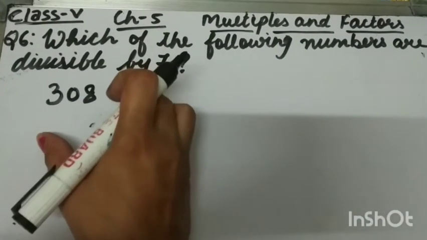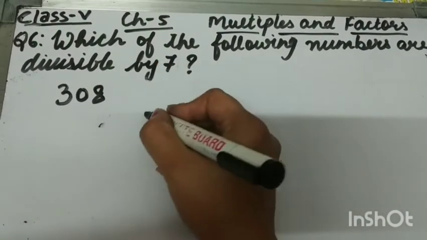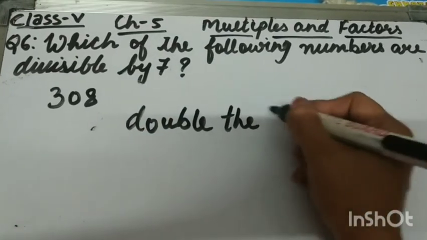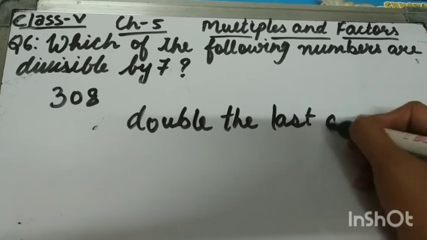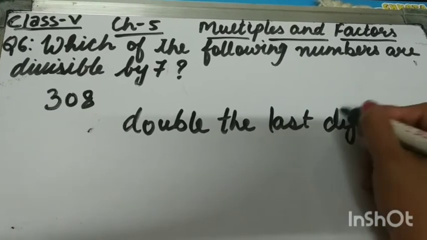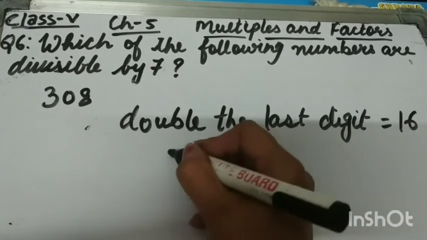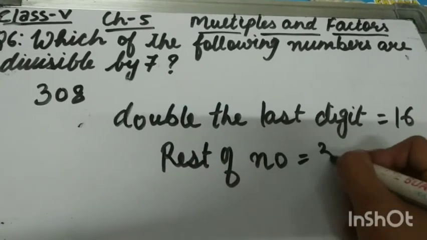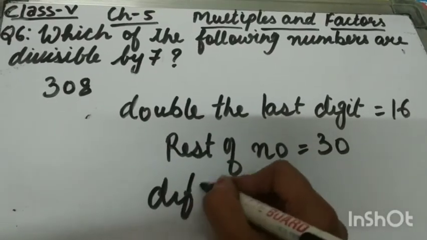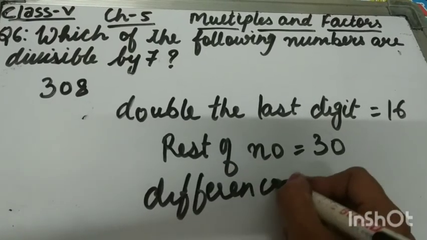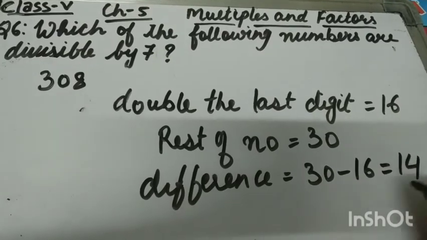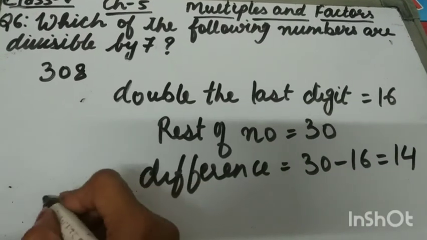The difference was 308. Now again double the last digit: double of 8 is 16. The rest of the number is 30. The difference, 30 minus 16, is 14. Is 14 divisible by 7? Yes.